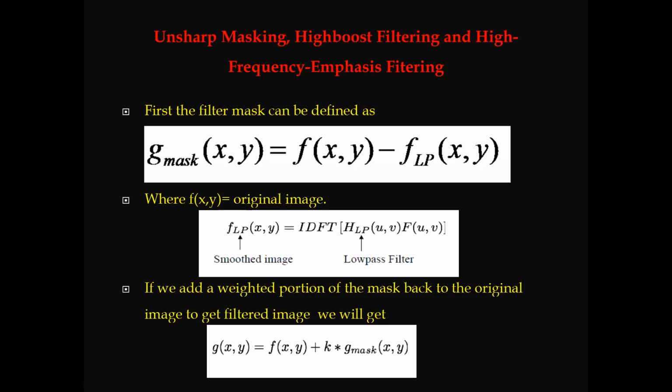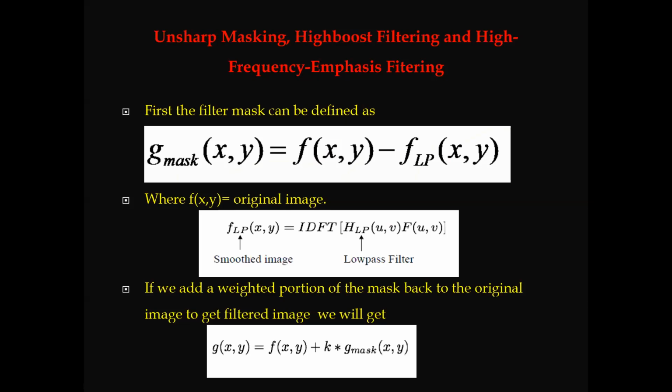Next, unsharp masking, high boost filtering, and high frequency emphasis filtering. So what is unsharp masking? The mask can be defined as g mask(x,y), which is equal to f(x,y) minus f LP(x,y), where f(x,y) is the original and f LP is the smoothed, low pass filtered image, which is equal to the IDFT of H LP(u,v) into F(u,v).